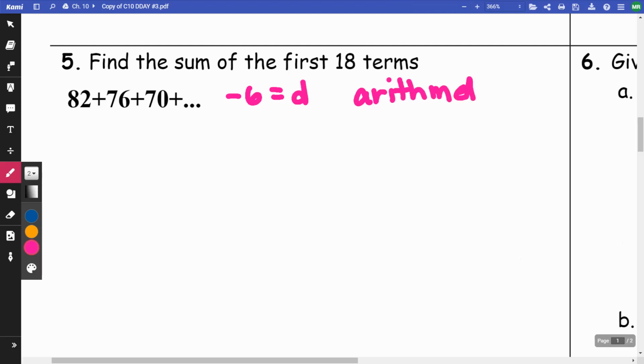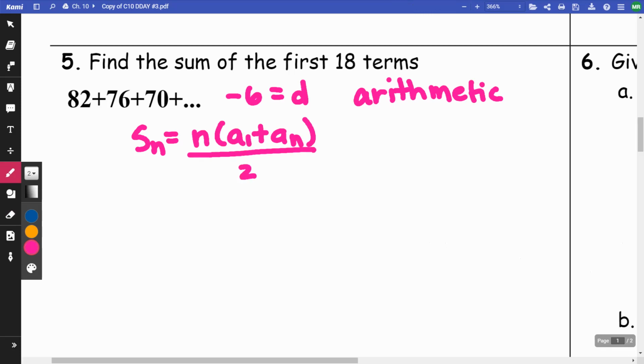And if I am trying to figure out the sum of the first 18 terms for arithmetic, the formula is n times my first term plus my last term all over 2. So I know my n is 18 because they want us to do the first 18 terms. I know my a sub 1 is 82. I see it in the series here. I need to find a sub 18.